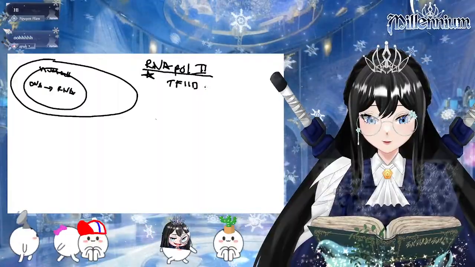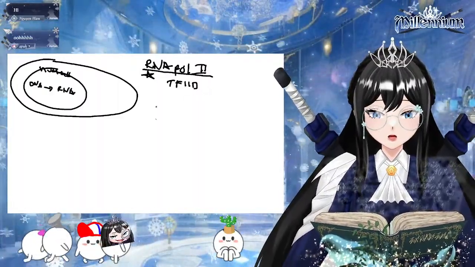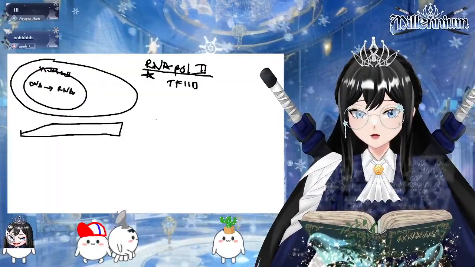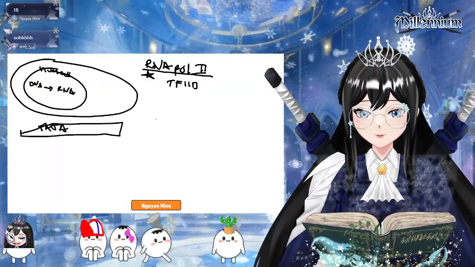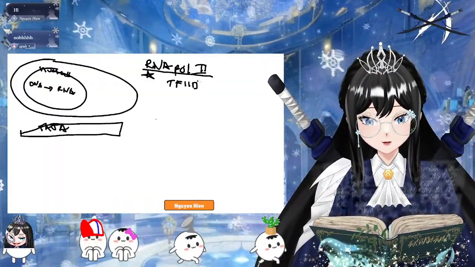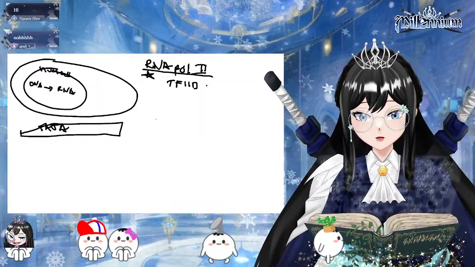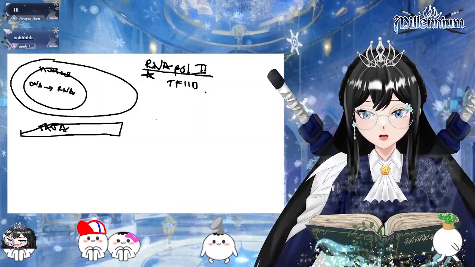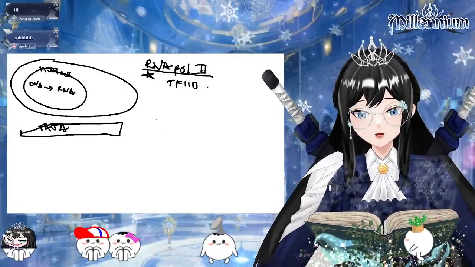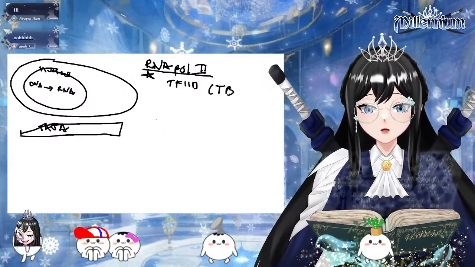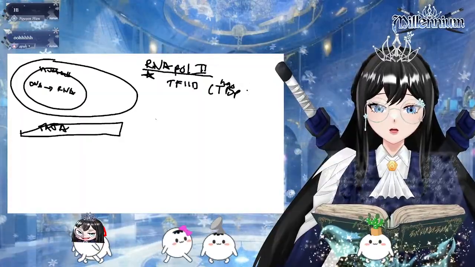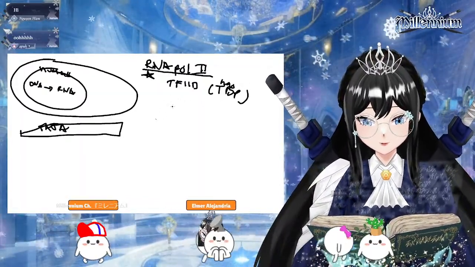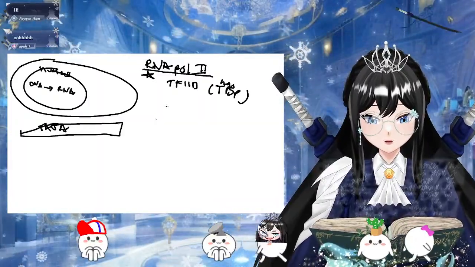It will recognize the core promoter, the TATA box. Take note, it has the TBP, the TATA binding protein. It will bend the DNA and form the pre-initiation complex.